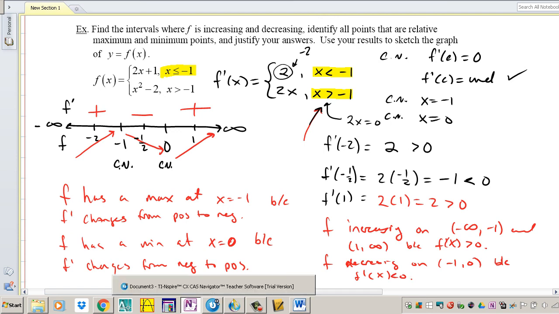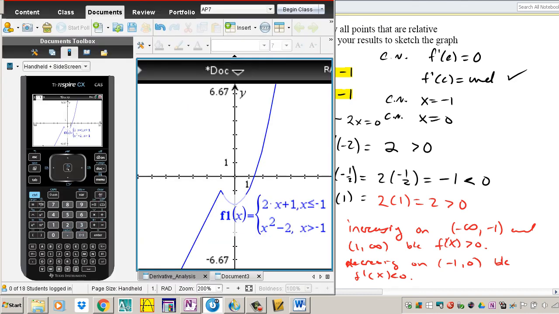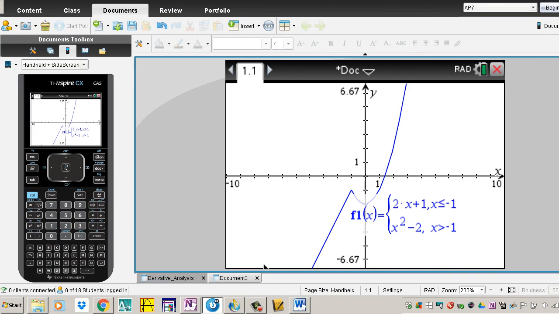Now let's go ahead and check just to make sure our evidence is true. I have a graph that's going up and then down and then back up, so let's go ahead and graph this in my calculator, and there is a picture of my graph. Let me make that bigger.